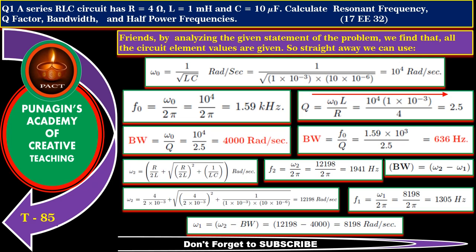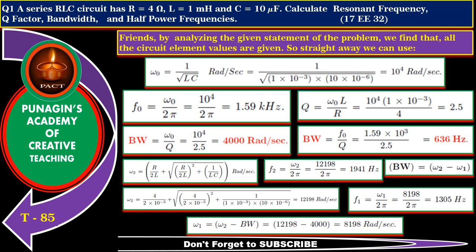Further, we know bandwidth is equal to omega naught by Q. By substituting the values and solving, we get bandwidth is equal to 4000 radians per second. And also bandwidth is equal to f naught by Q. By substituting the values and solving, we get bandwidth in hertz is equal to 636 hertz.